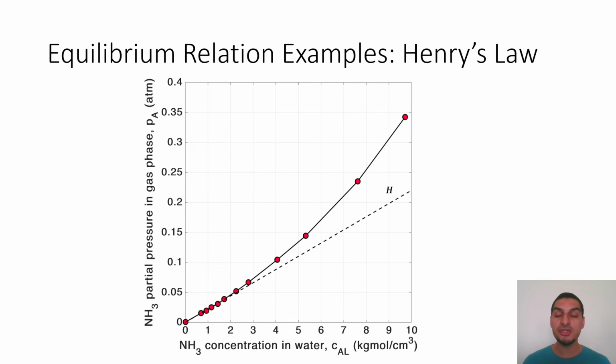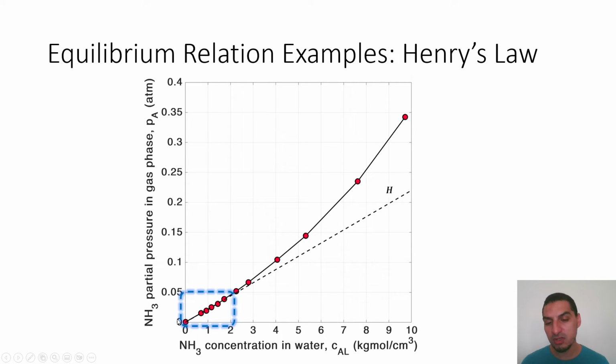There is another relation called Henry's law, a very famous law, which is used in case of low concentrations in the liquid phase. This is the ammonia-water equilibrium relation that we saw before. What the Henry equation is doing is focusing on this part of the curve. At low concentrations in the liquid phase, the relation would be almost linear.